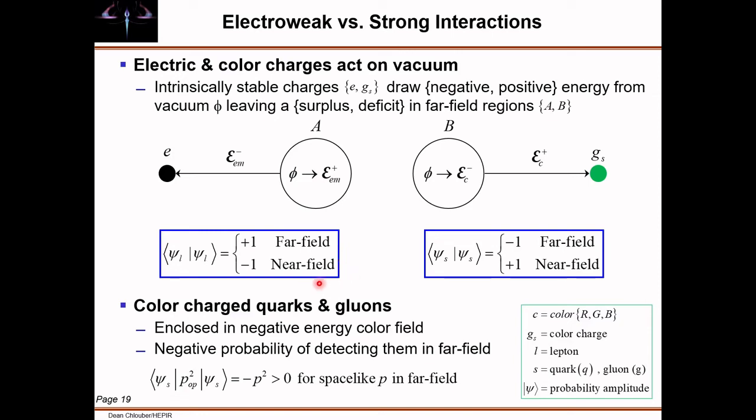Now the near field is a point-like region, and it would take a probe of infinite energy to detect a particle there. And we can evaluate the expectation value of the squared momentum operator for a quark or a gluon, and it's just -p squared for space-like p in the far field.